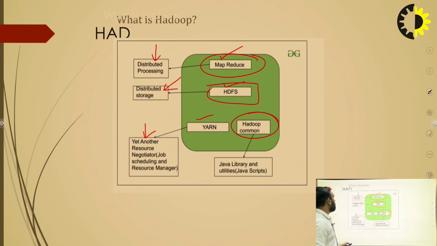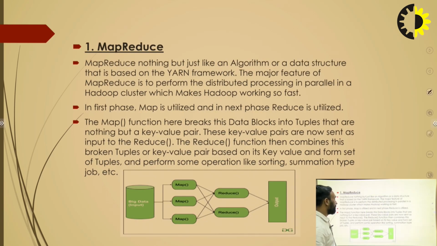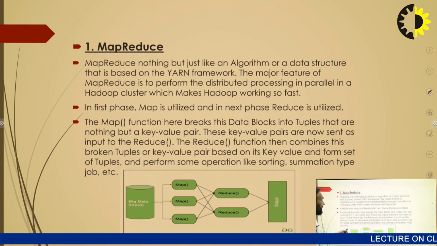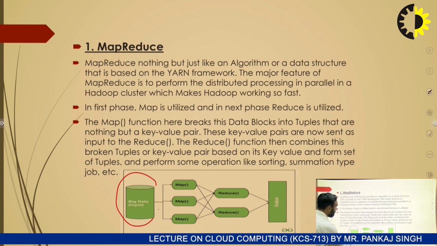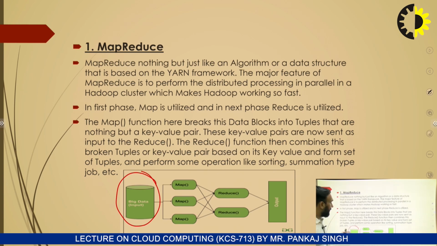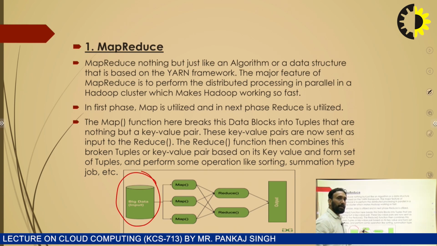So now have a look over MapReduce. What is MapReduce? As we see in the block diagram of MapReduce, there is the big data, the node from which we will pick the data and process.